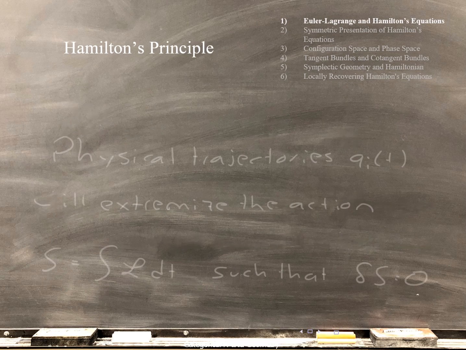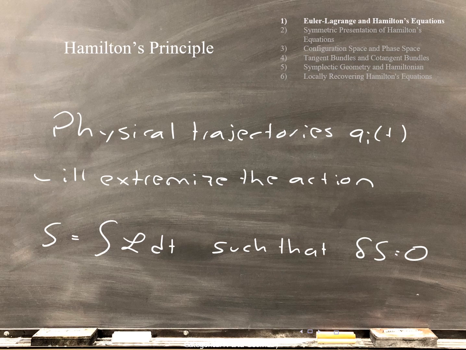So in terms of the actual dynamics, we have Hamilton's principle. This is saying that the physical trajectories should correspond to the extrema of the action, and the action is going to be the integral of our Lagrangian with respect to time.